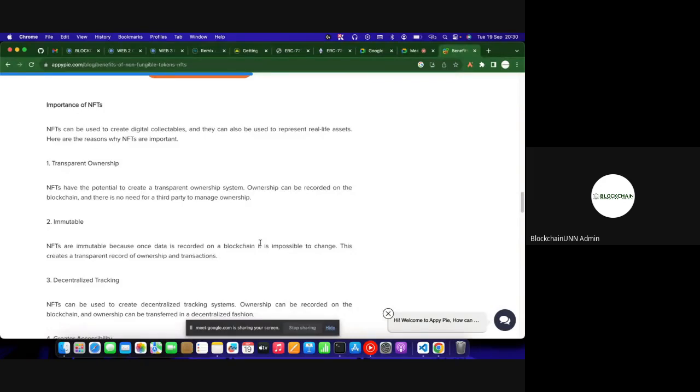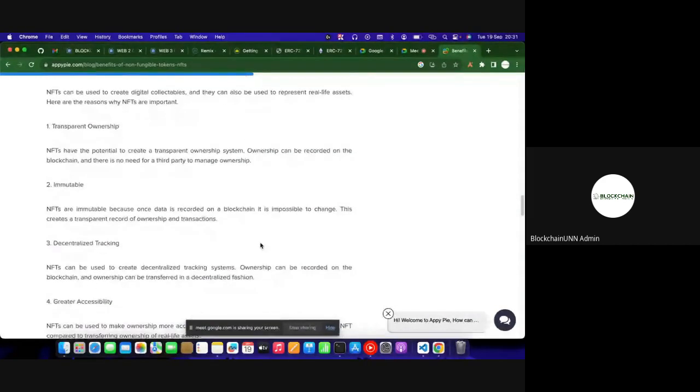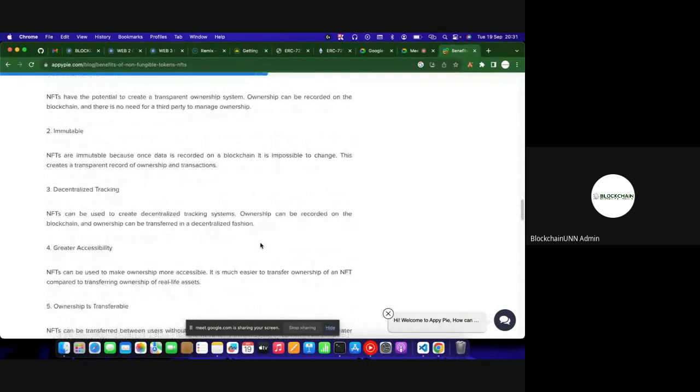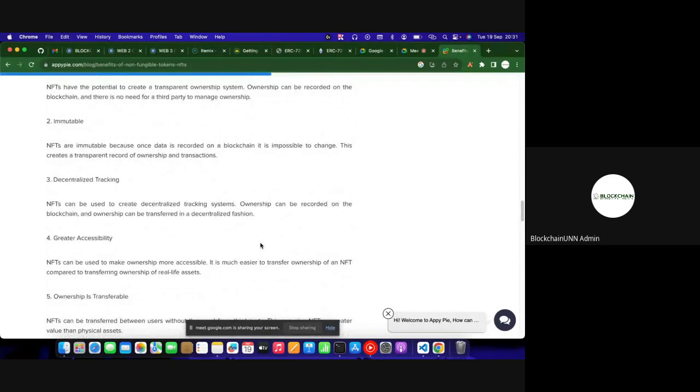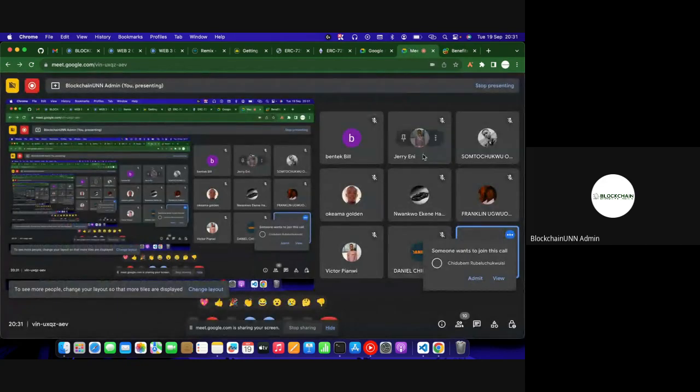You can always verify that a particular work owned by, let's say, an inventor or an artist is actually owned by him, and he's not trying to play some tricks on you. And of course, things are immutable. Once the data is recorded on the blockchain, obviously you can't change it, right? So this helps create a transparent record of ownership and every transaction that goes on with regard to that particular NFT.